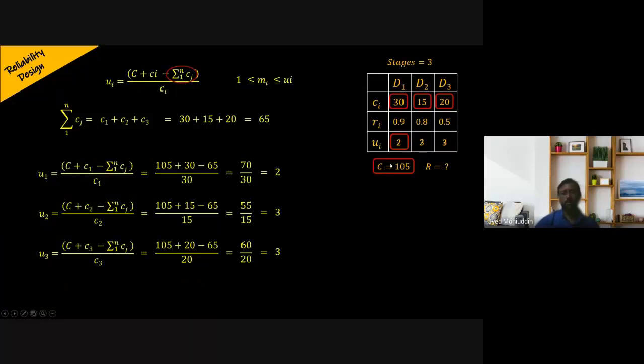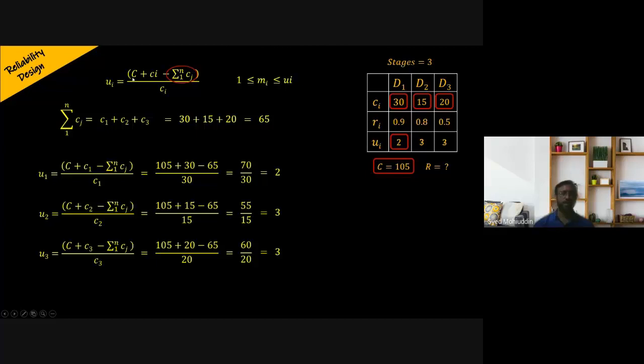Now we need to compute the value of U. That is, how many D1 can be used, how many D2 can be used, and how many D3 can be used. That is what we have to find. To do that, we have the equation for Ui, which I told you in the previous slide.